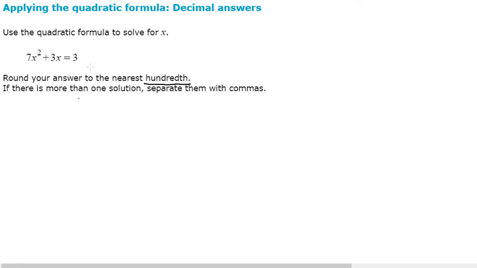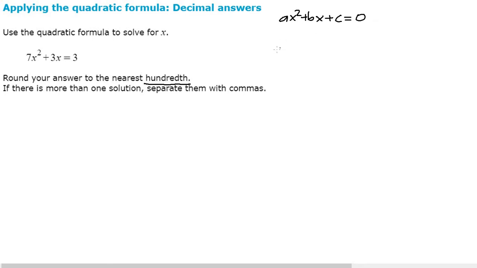So the solutions to the quadratic equation ax squared plus bx plus c equals 0 are given by the quadratic formula. And like I said, ax squared plus bx plus c equals 0 is the standard form of a quadratic equation.